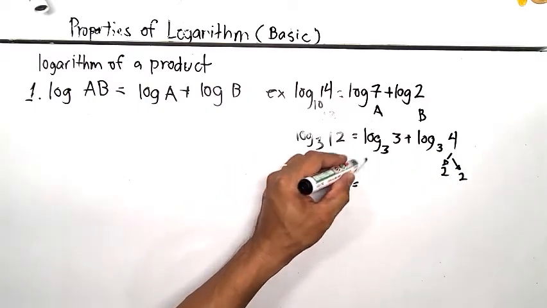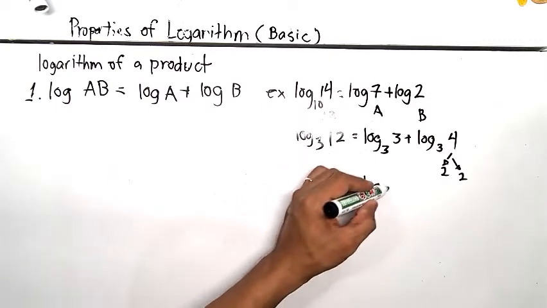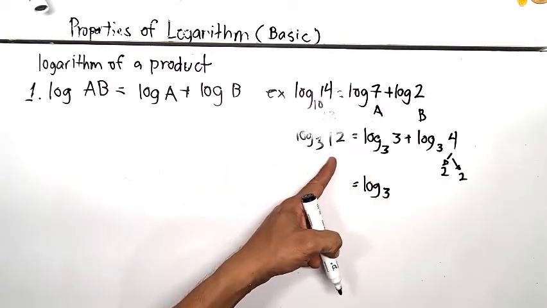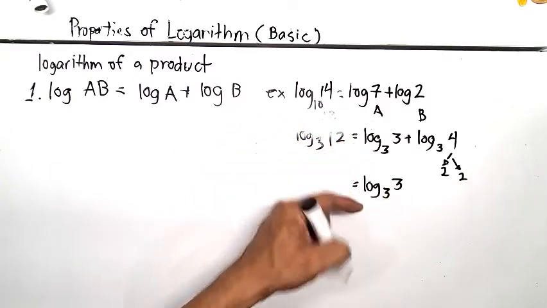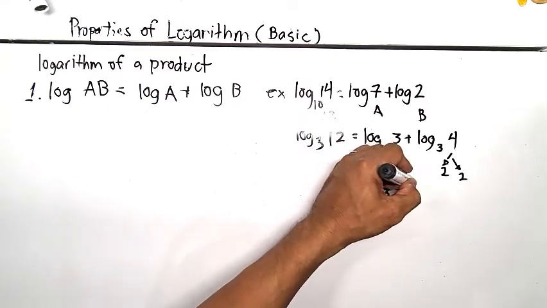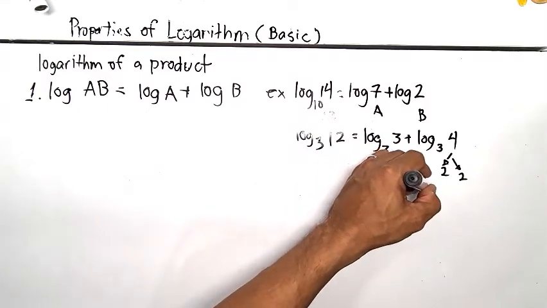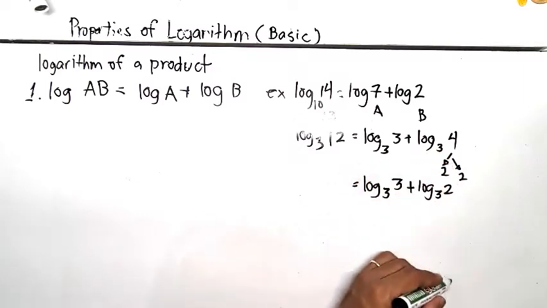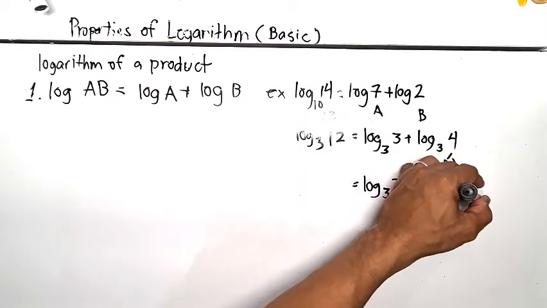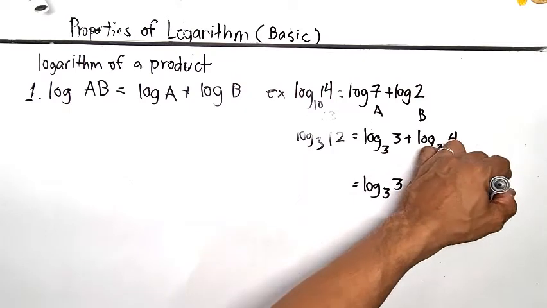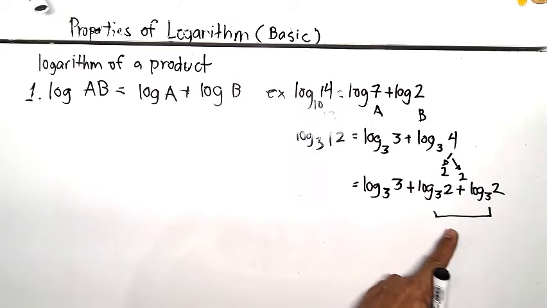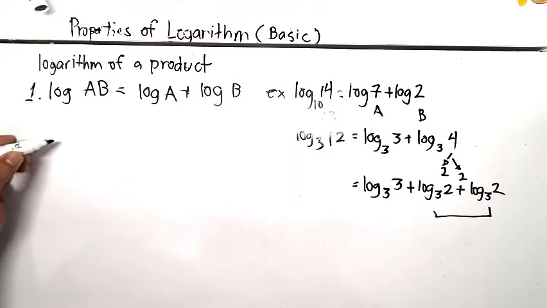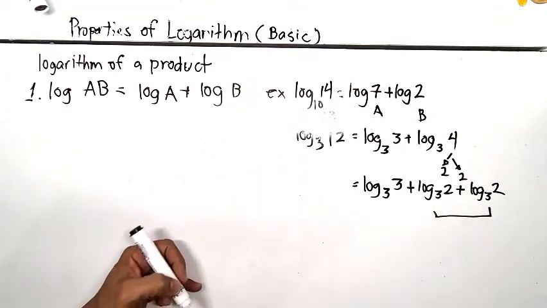So we can rewrite logarithm to the base 3 of 12 as logarithm to the base 3 of 3 plus logarithm to the base 3 of 2 plus another logarithm to the base 3 of 2. Later on, we'll be able to rewrite it in a better way. There's another way to write this too. So that is the simple example.